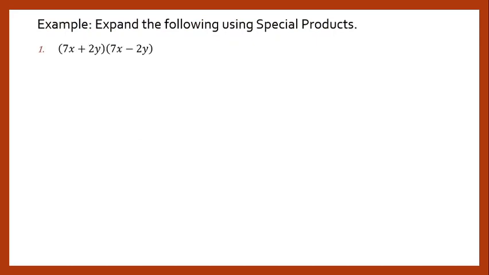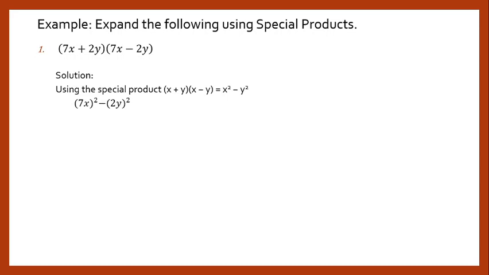For the first one, we have 7x plus 2y, multiplied by 7x minus 2y. So we will use the special product that would give x squared minus y squared. So your variable x from the special product would represent 7x, and then the variable y from the special product would mean 2y. So just substitute.